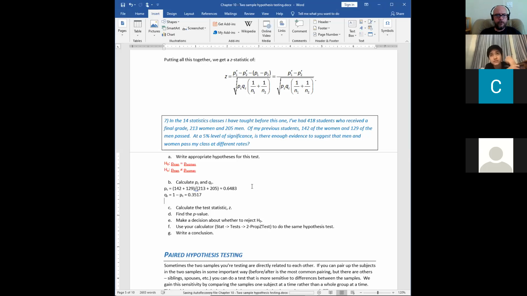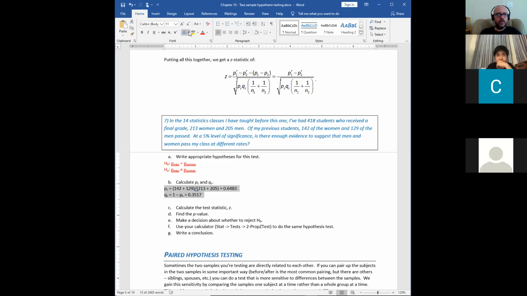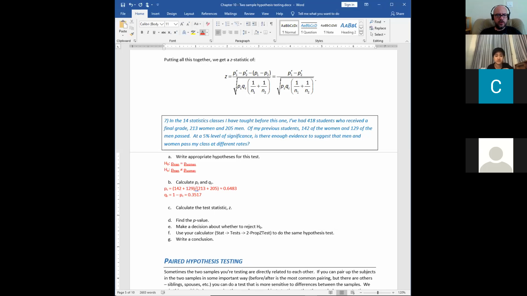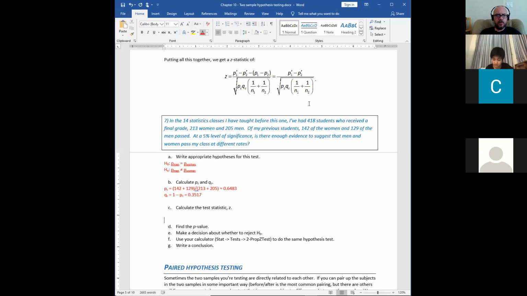Yeah. Yep. So the test statistic is that. All right, so it's P1 prime minus P2 prime over the square root of all of that nonsense.